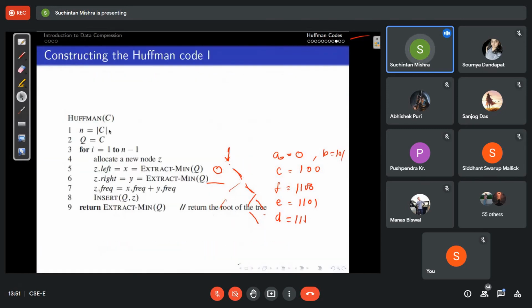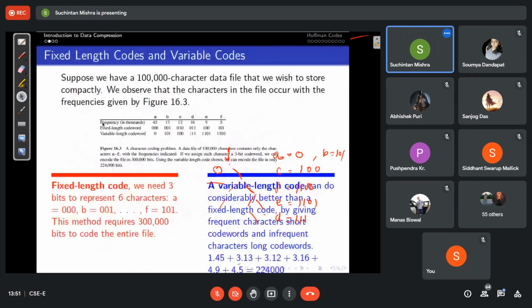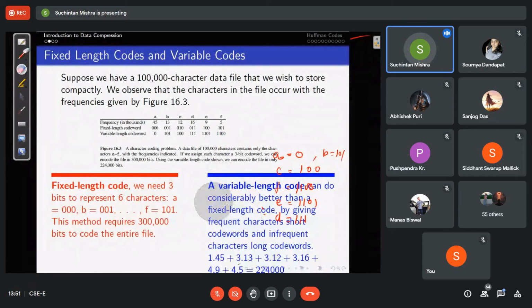If you go back to the example here, these are the exact values that we have got. A is 0. B is 101. C is 100. D similarly is 111. E is 1101.